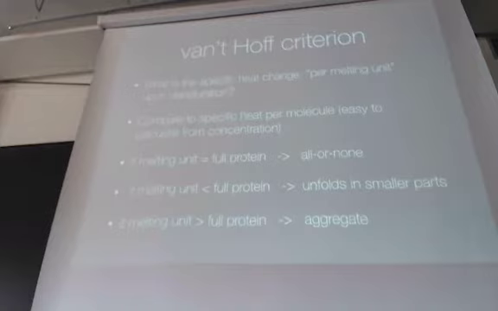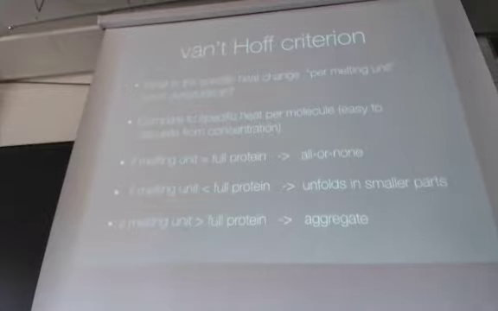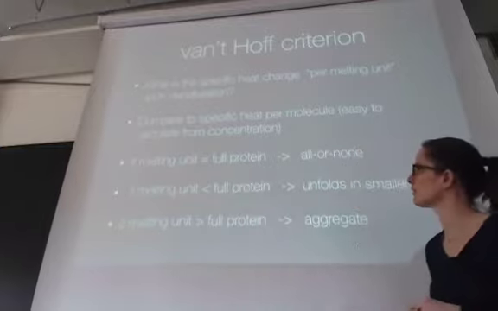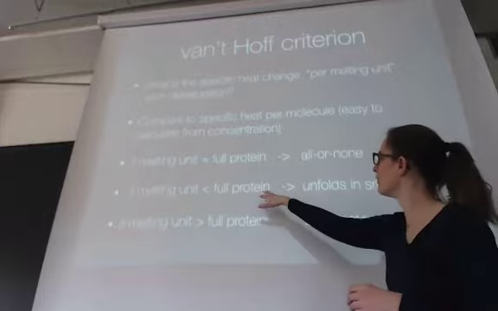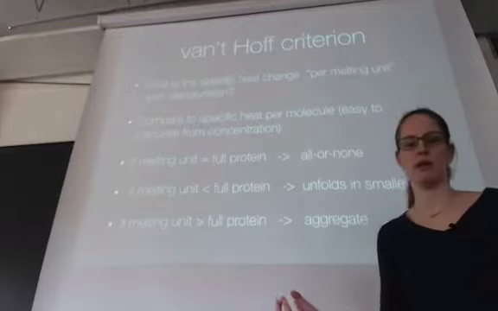We're going to do a simple physical model, and compare the specific heat from this exercise with the one from calorimetry. If the melting unit is equal to the one of the full protein, then it means that the protein folds as one. If it's lower, it unfolds a smaller part. And if it's higher, it means that many proteins are folding at once.